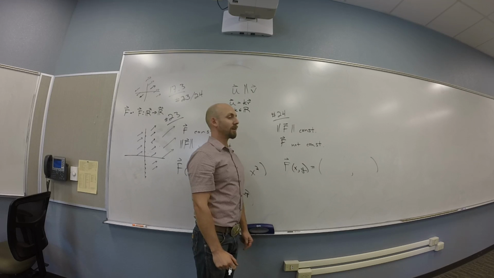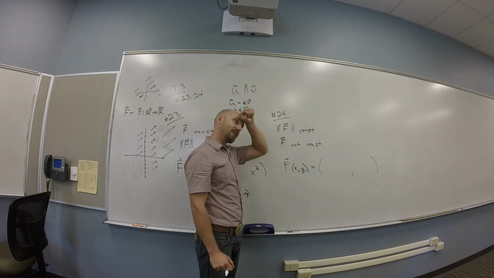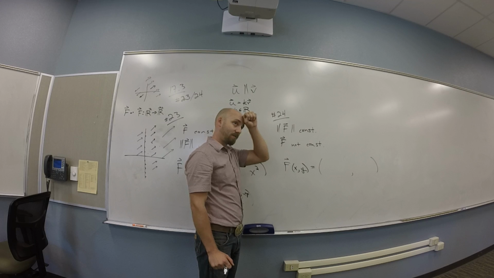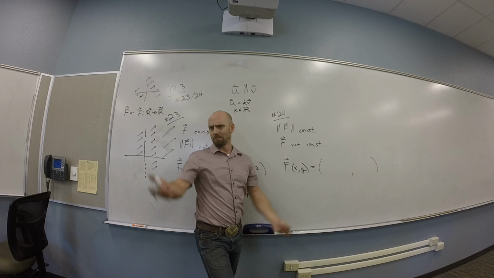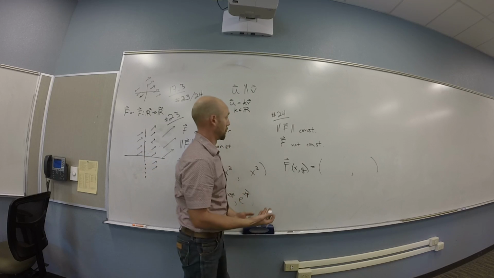I think you're thinking the right thing, but we need to make sure that we're getting a vector field that's not constant, right? Could you do absolute value of x, absolute value of x? Let's start with the picture.